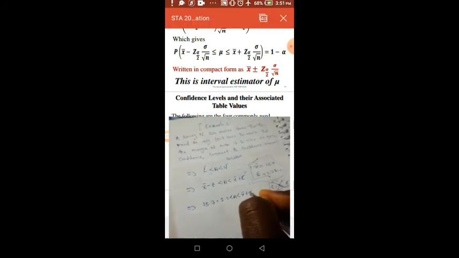Now, 15.7 minus 2.2 less than the population mean less than 15.7 plus the margin of error.